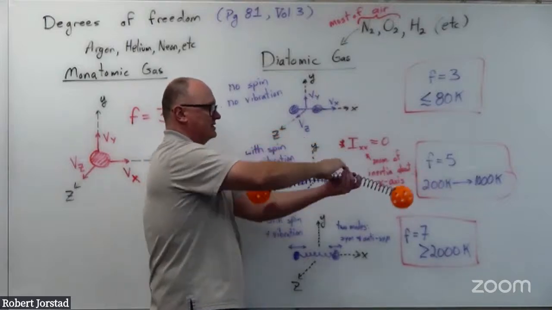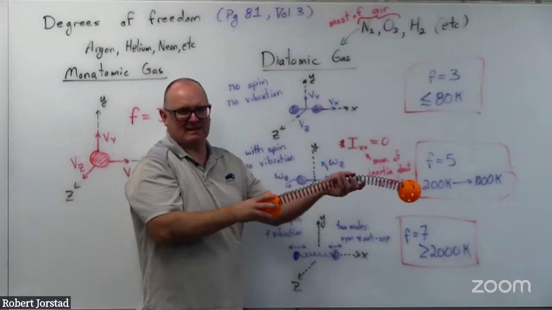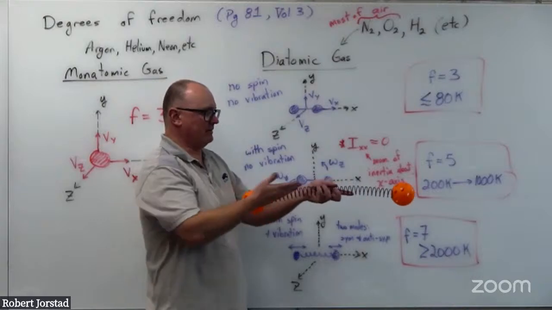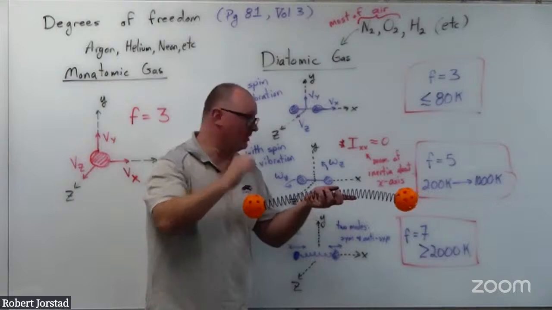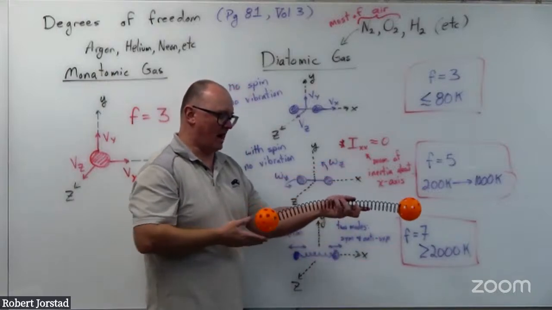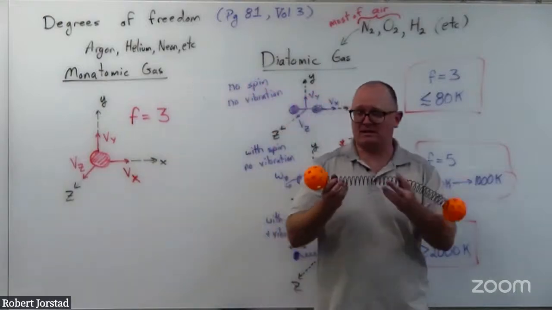Now notice, rotation like this is basically a negligible contribution. Why? The moment of inertia of this for a molecule is essentially 0, Ixx, the moment of inertia about the x-axis. Because all of the mass is on the x-axis. You're saying, well, what about the atoms?